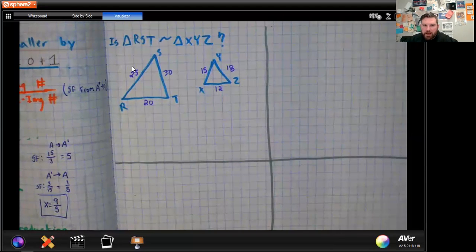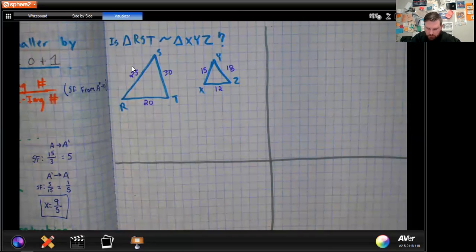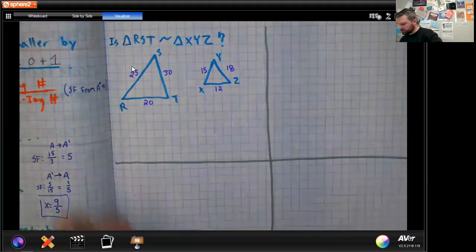So the thing that we have to figure out is really are my sides proportional? Okay, and if the sides are proportional, then the angles will be the same and your two triangles will be similar.